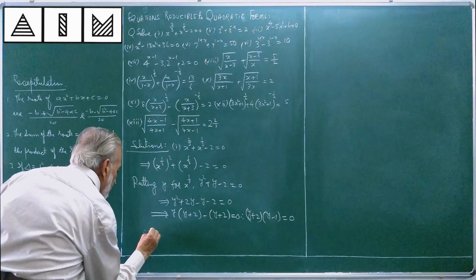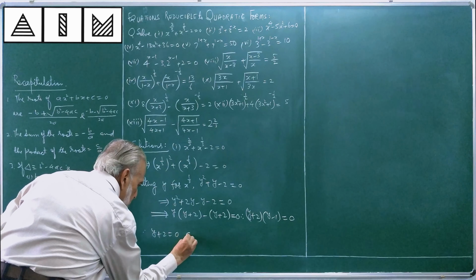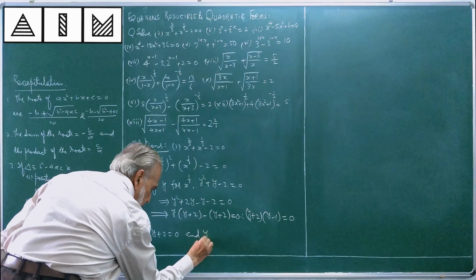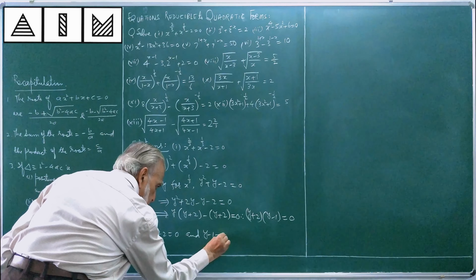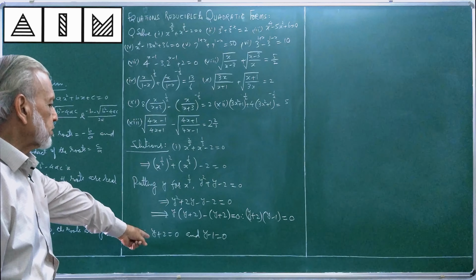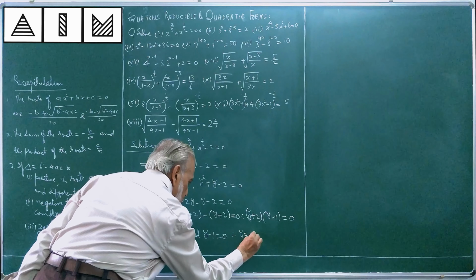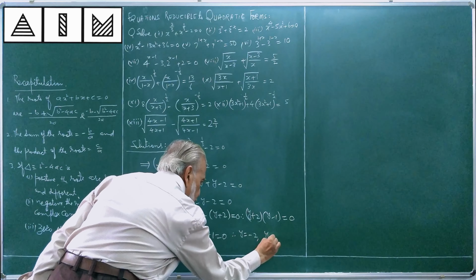Therefore, y plus 2 is equal to 0 and y minus 1 is equal to 0. y plus 2 is equal to 0 means y is equal to minus 2, and this means y is equal to 1.